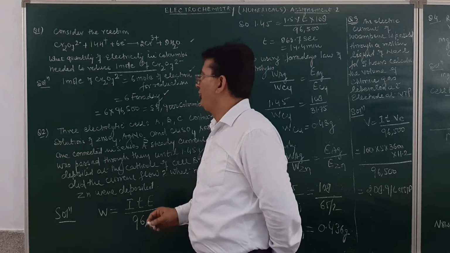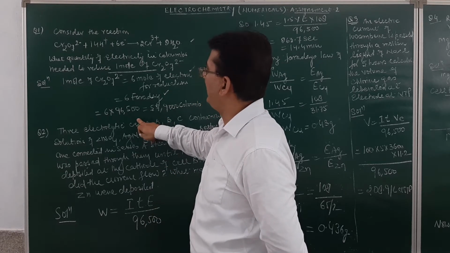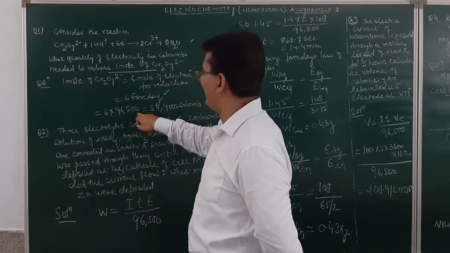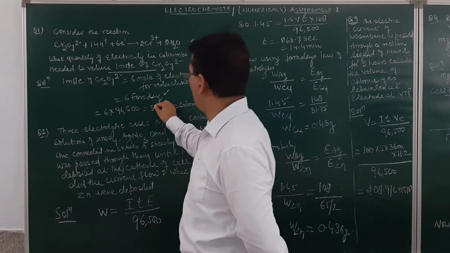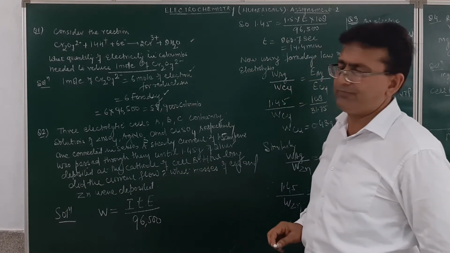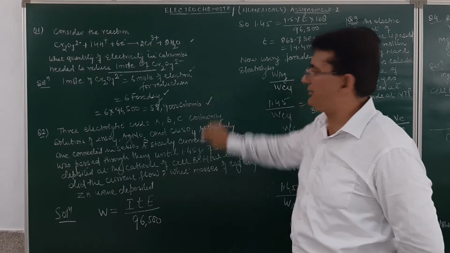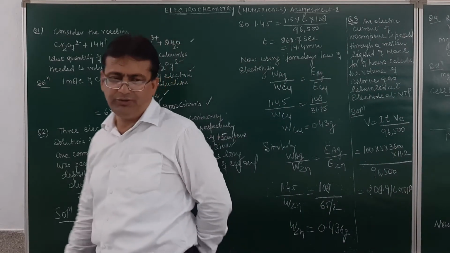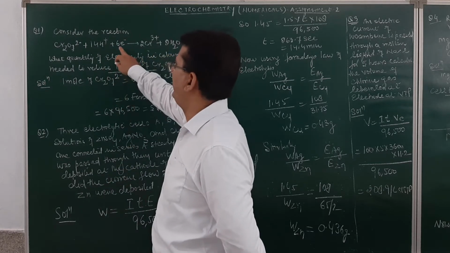So, what is the charge carried by 1 mole of dichromate ion? It should be equal to 6 into 96,500, which comes out to be 579,000 coulomb. Am I getting clear here? A question which is very commonly asked in the board examination. The equation is given.